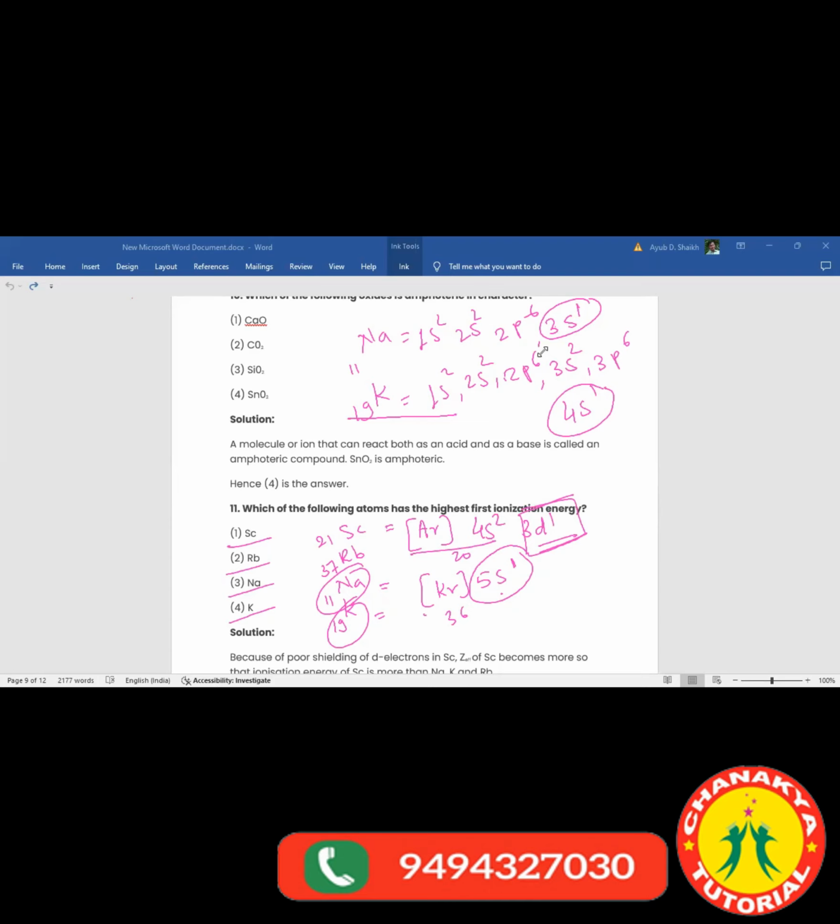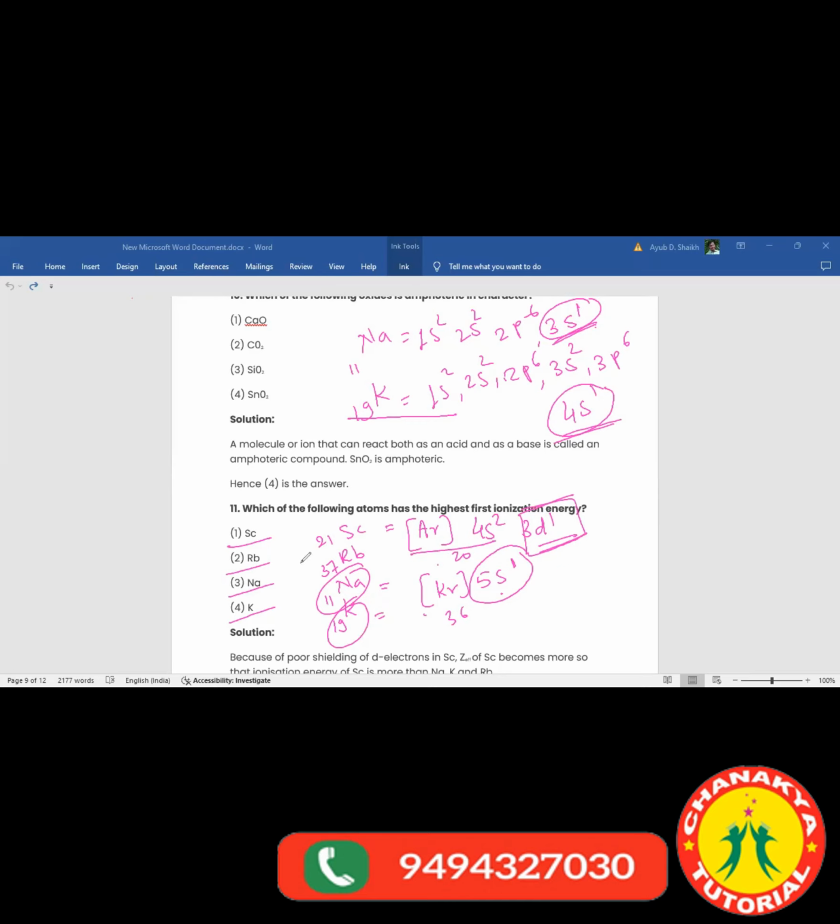If you see the electronic configuration of all four atoms, sodium, potassium, scandium, and rubidium, sodium has an electron in the 3s orbital, the outermost electron. For the potassium also the electron is present in the 4s1 shell. And for rubidium it is present in the 5s1, the s orbital.